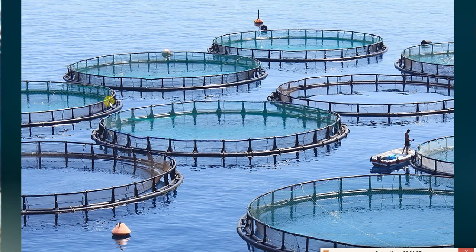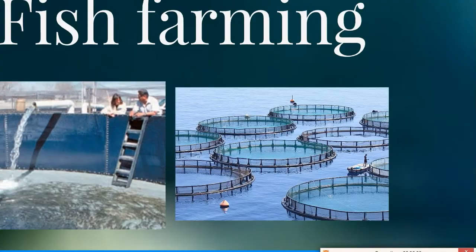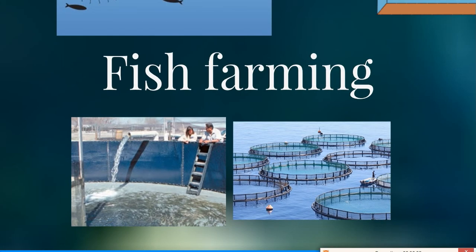A few problems with fish farming, however. One problem is the feed that's meant to feed these populations, so that we're not fishing them out of the wild, right? We're helping not reduce those fish populations.